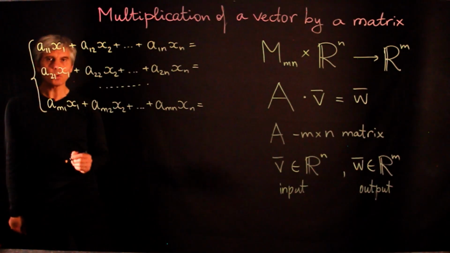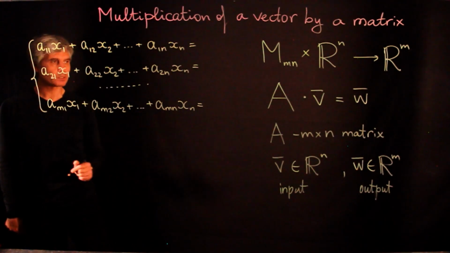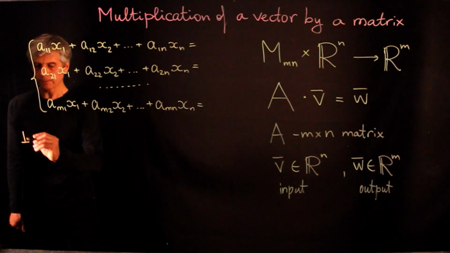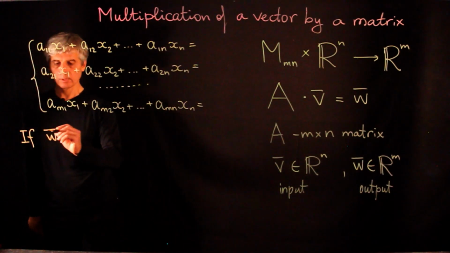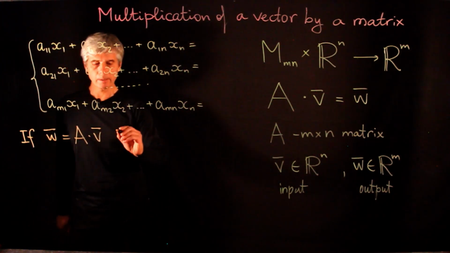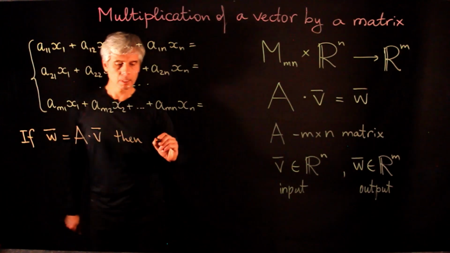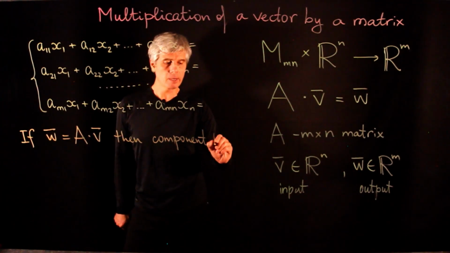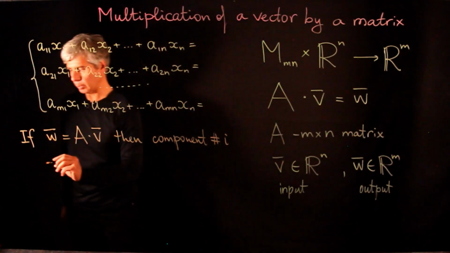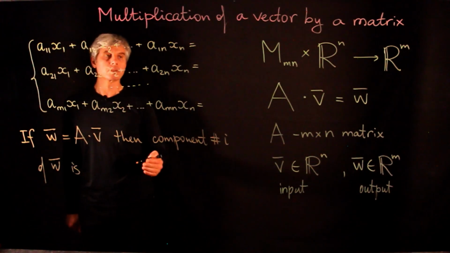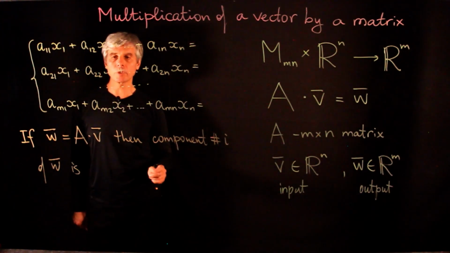Let us look at the rule for how we calculate the product of a matrix with a vector in more detail. So if W is the product of A with V, then component number I of W is, well, how do we calculate component number I?